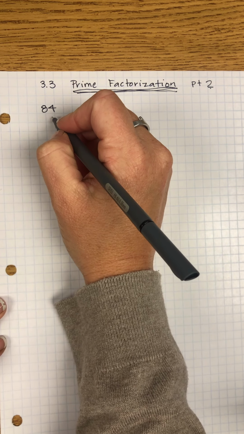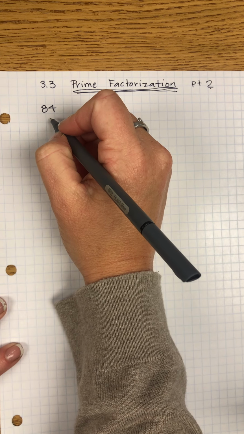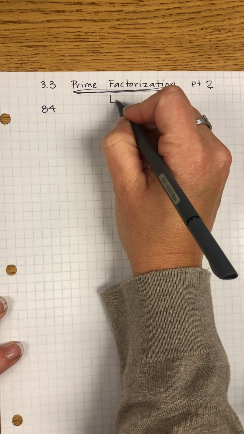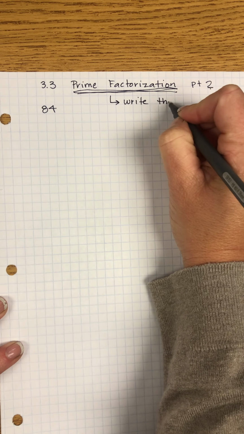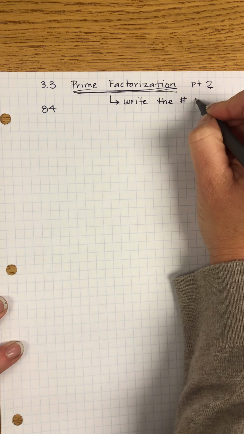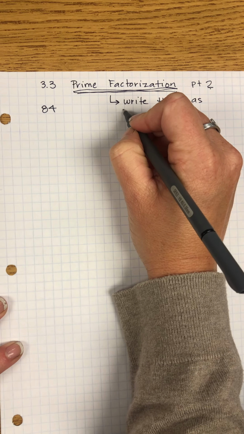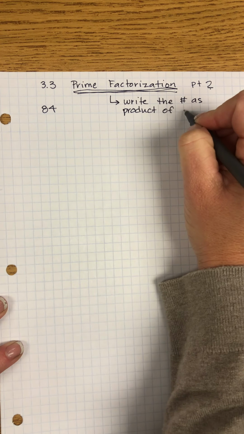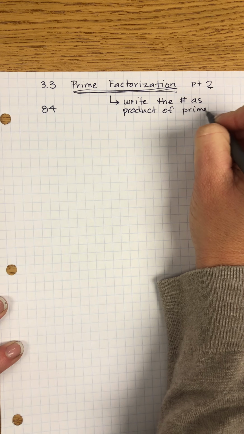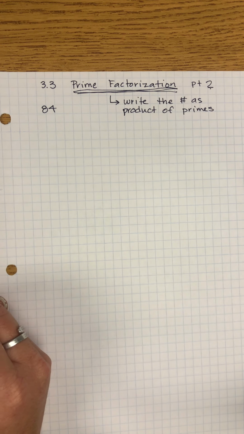So prime factorization means you write the number as a product of prime numbers.